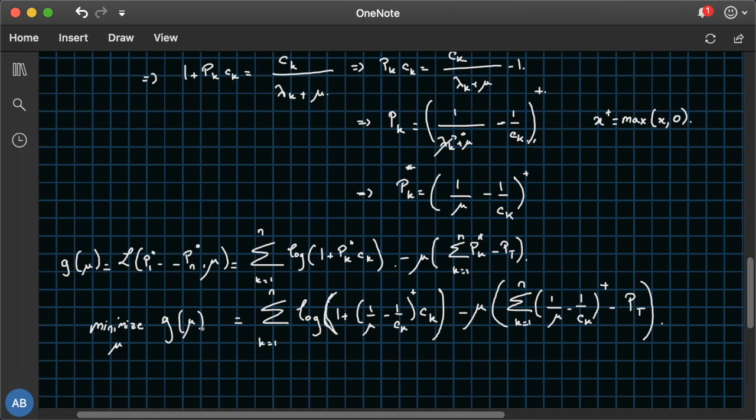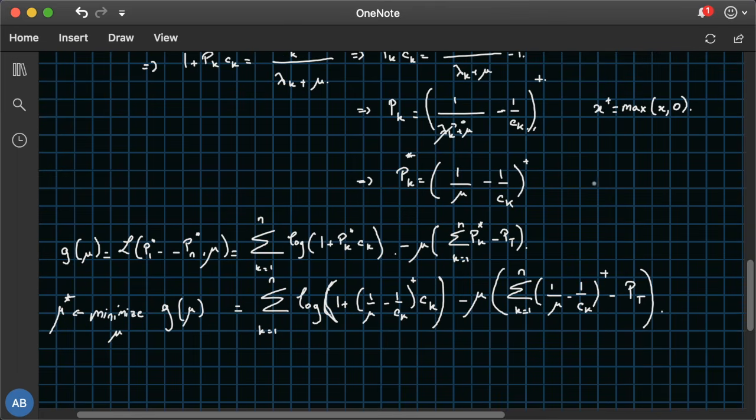to find mu. And once we get mu from this minimization, so it's just a 1D function of mu, we denote the optimal solution by mu star. You get mu star, and then you compute pk star by just plugging in mu star.